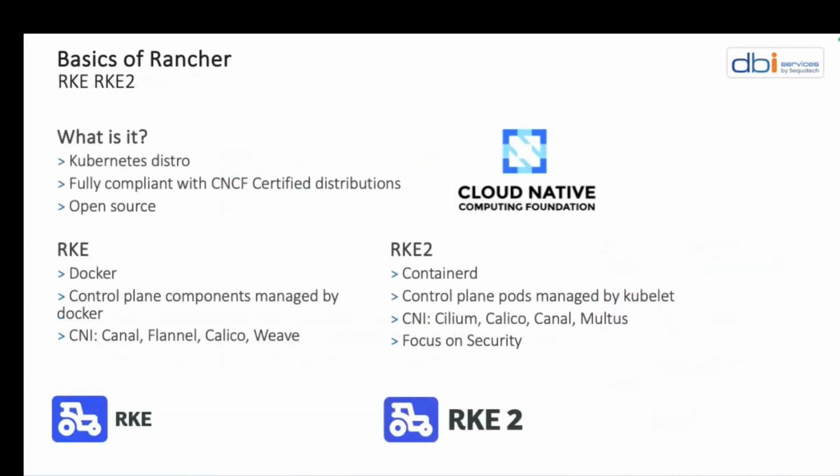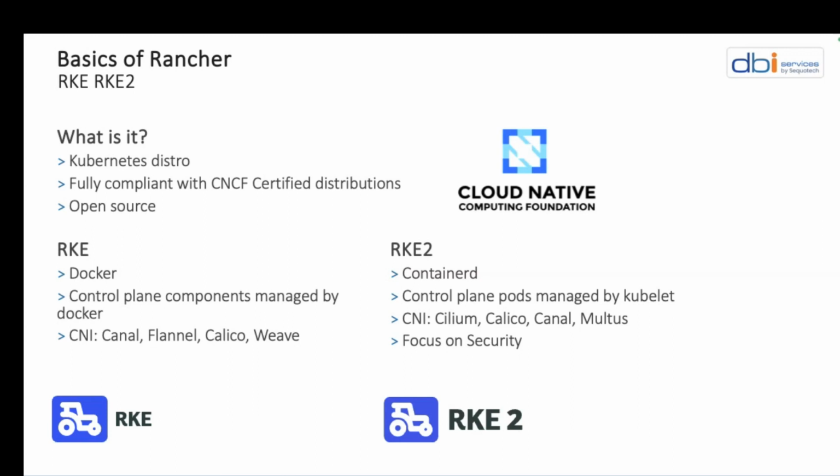So RKE and RKE2, those are two Kubernetes distributions developed by SUSE. They are used to provision clusters with Rancher. They are completely open source and fully compliant with CNCF. The difference between the two is that RKE uses Docker as container runtime.